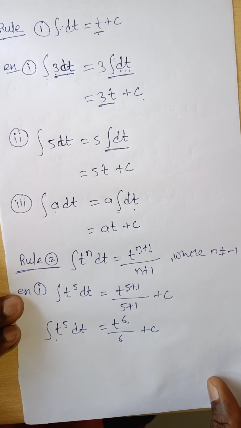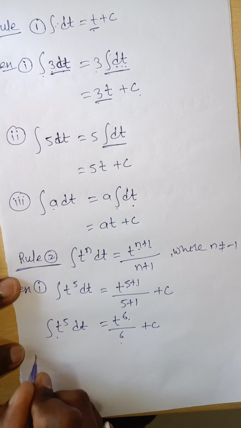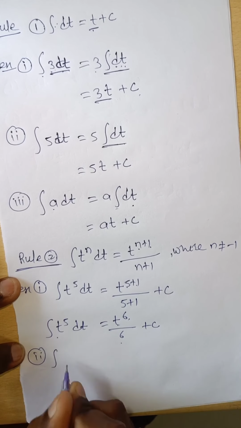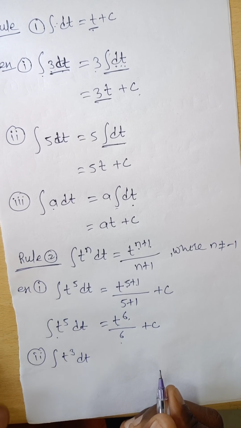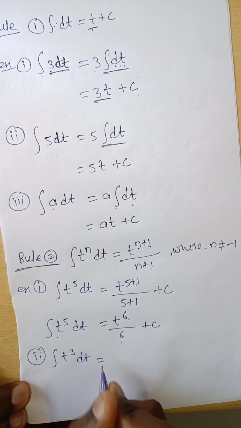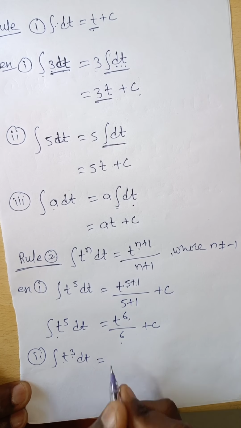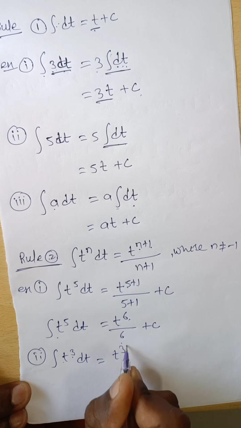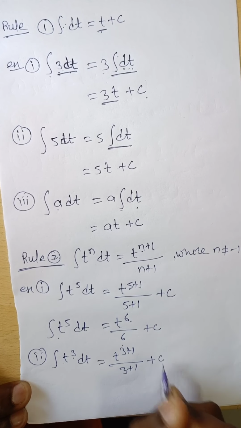Now let us see a second example. Suppose integration of t cube dt. Its power will be increased by 1, that is t to the power of 3 plus 1 divided by 3 plus 1 plus c.